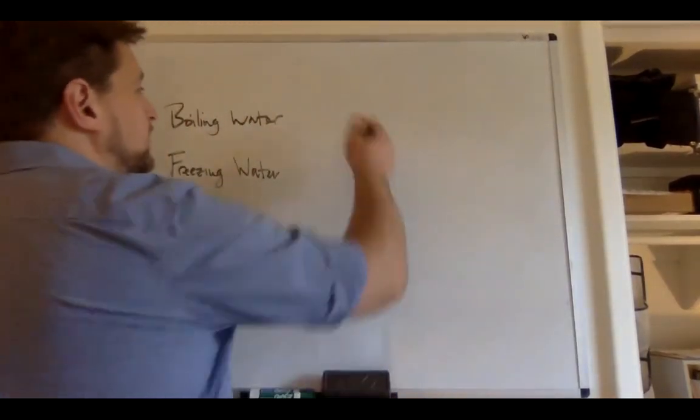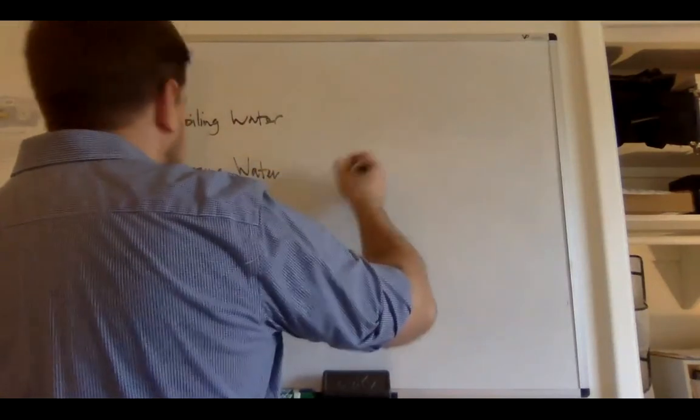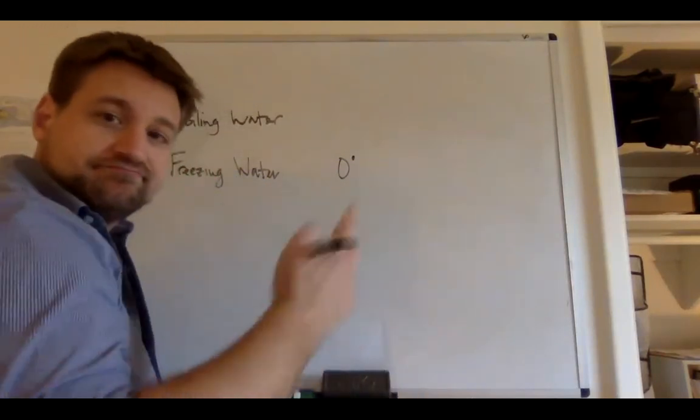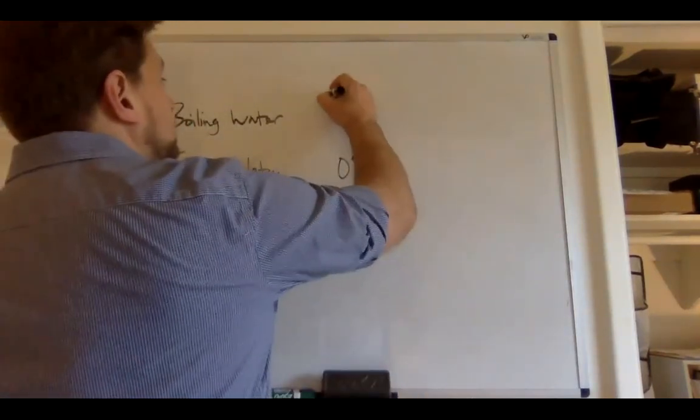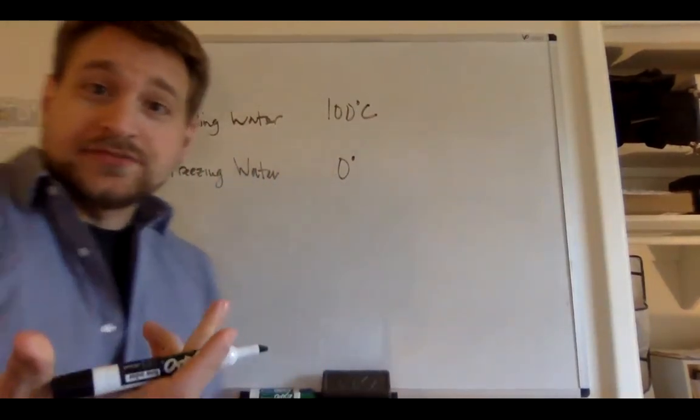What do you want to call the freezing point? Let's call it, I don't know, 0 degrees. It's the bottom. And the boiling point, let's call it 100 degrees. I like metric stuff, right? Powers of 10.